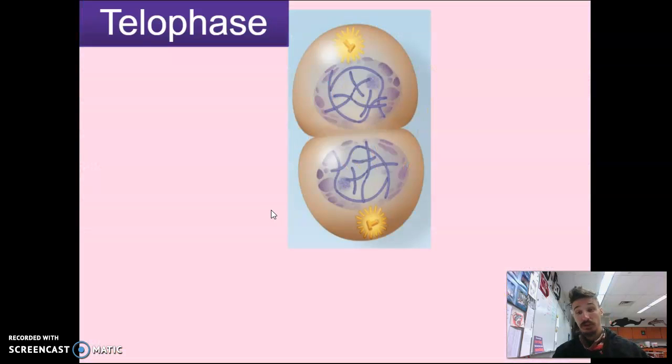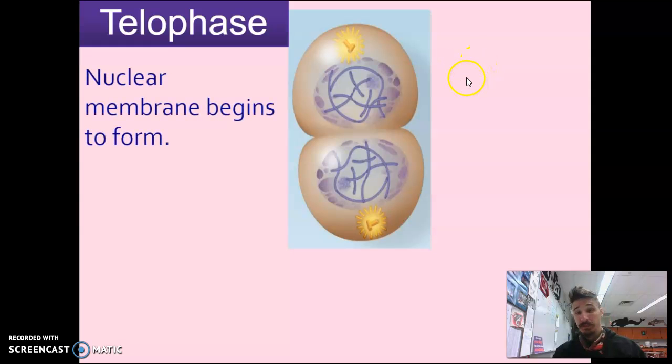Now, telophase is probably where our cell looks the most different. Take a look at it now, I'll give you a second, and kind of analyze what's happening here. And notice the overall shape of the cell. So in telophase, we see a lot happening. The nuclear membrane is beginning to form, right? That's what this is.